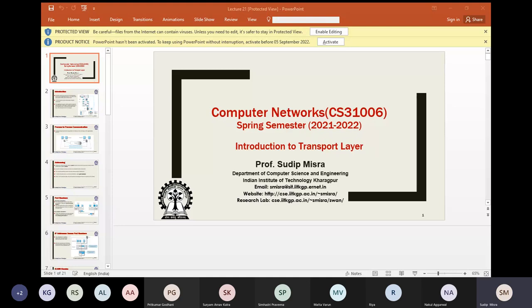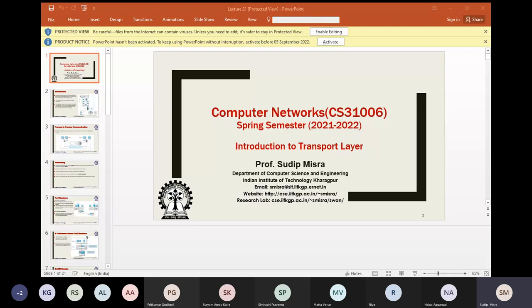If it was within the same local area network, then which layer would take effect? So both the sender and the destination within the same local area network, which layer? Layer 2, right? Data link layer.